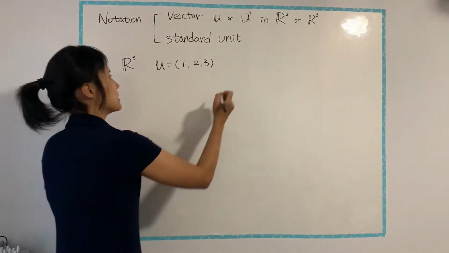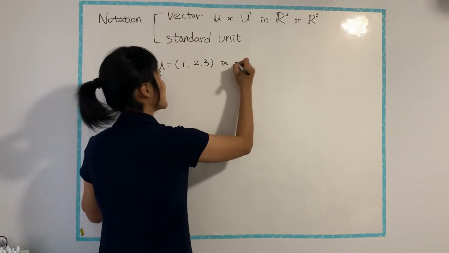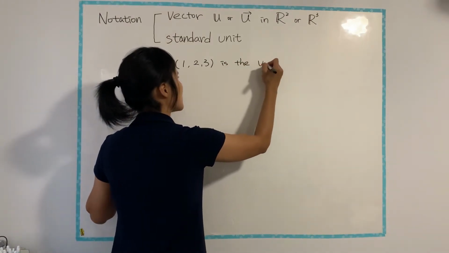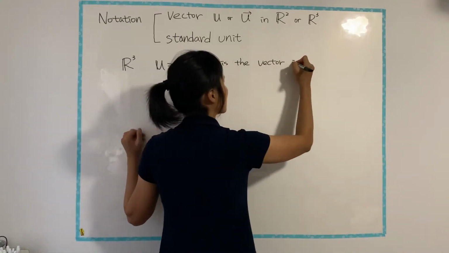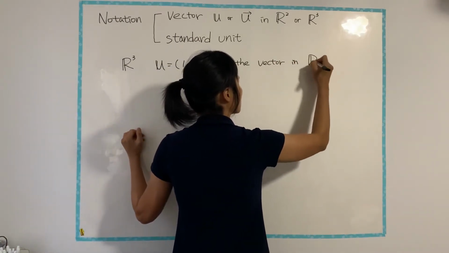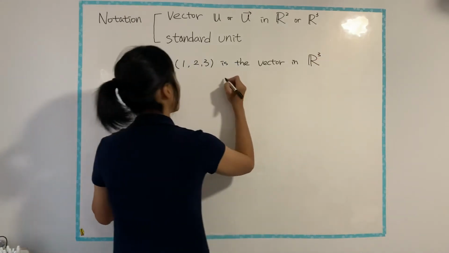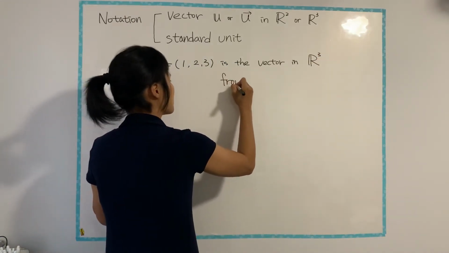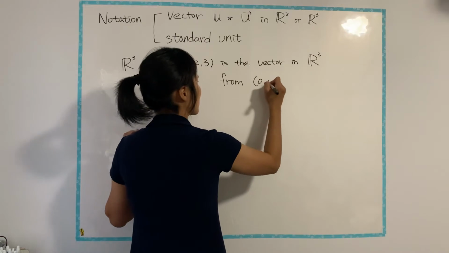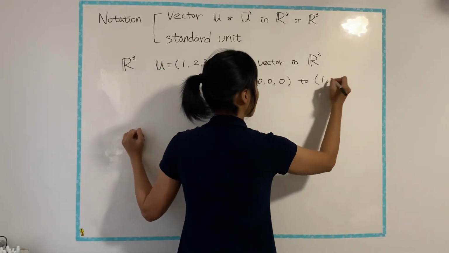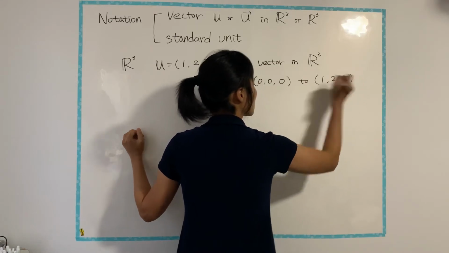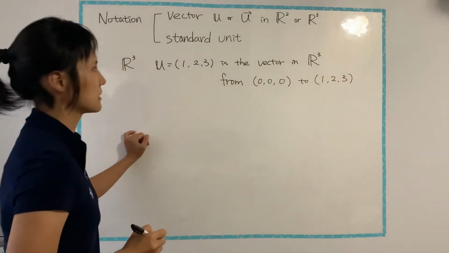So this will mean a directed line segment in the three-dimensional space from the origin to this endpoint at (1, 2, 3).